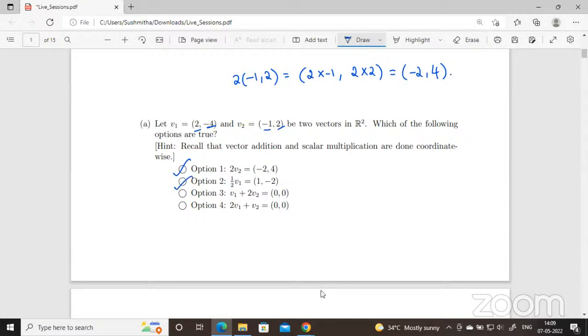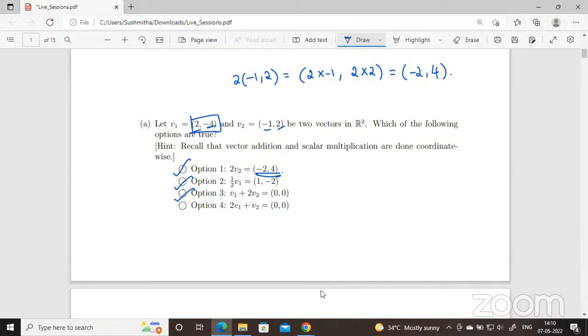And how will you add v1 and 2v2? 2v2 is (-2, 4) and v1 is (2, -4). When you add those two component wise, you'll get (0, 0).